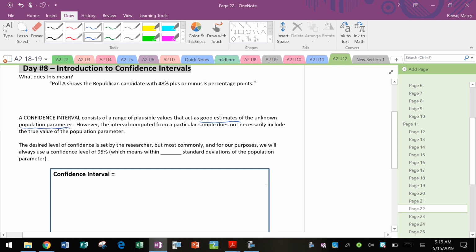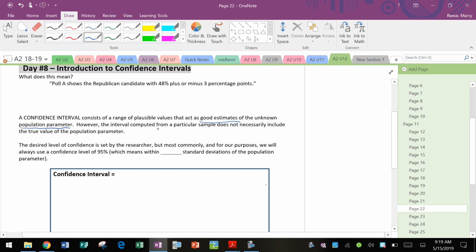Now, we talked already that we do samples because sometimes we can't get to the whole population. So what we do is in our samples, we take an interval, a range from lowest to highest where we think the actual population will fall into. So that's called a confidence interval. That's what we're going to look at today.